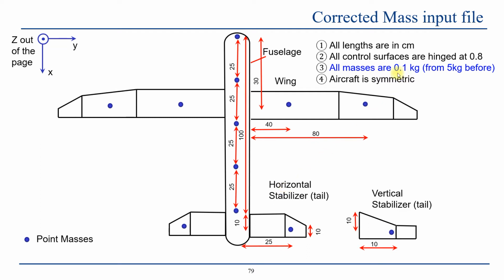But for now, we will be working with the point masses that are all now 0.1 instead of the 5 kilograms that were before. So these are the changes or the corrections I've made to the geometry and the mass files that we have been designing and working on for this tutorial.